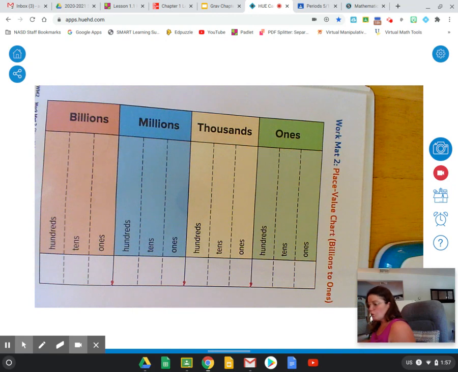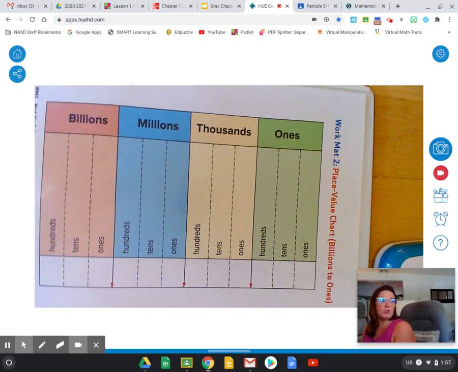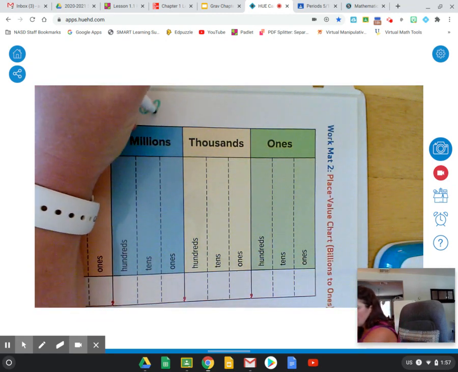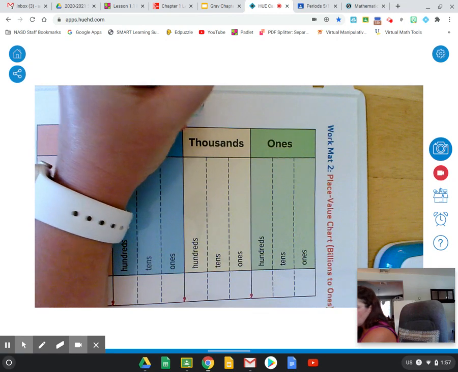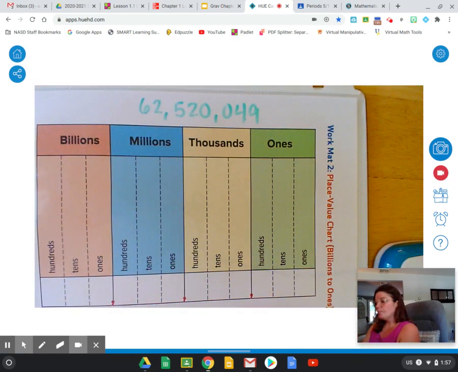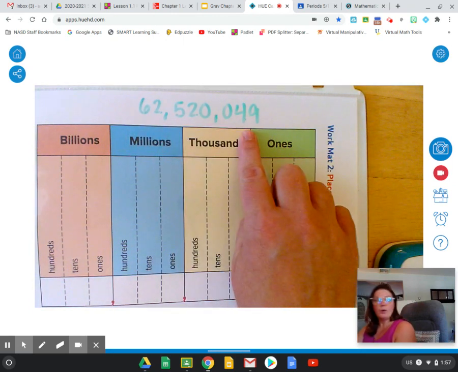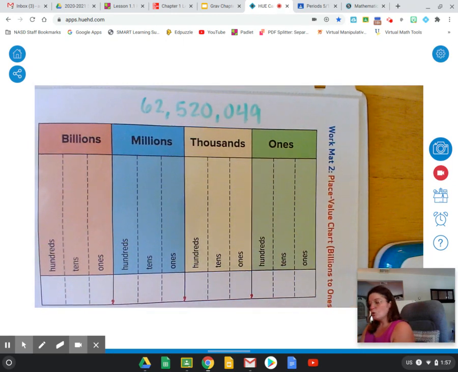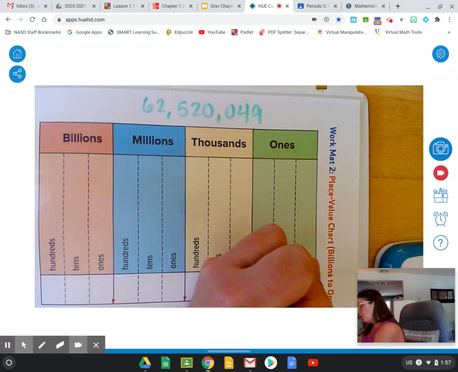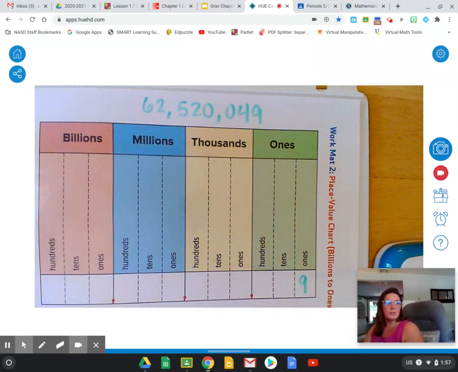So what I could do is write a number and then place it into my place value chart. So let's say I have this number. Here's my number, and I want to put it in my place value chart. So I'm going to start on the right with my 9 and put it over here in the 1 section.